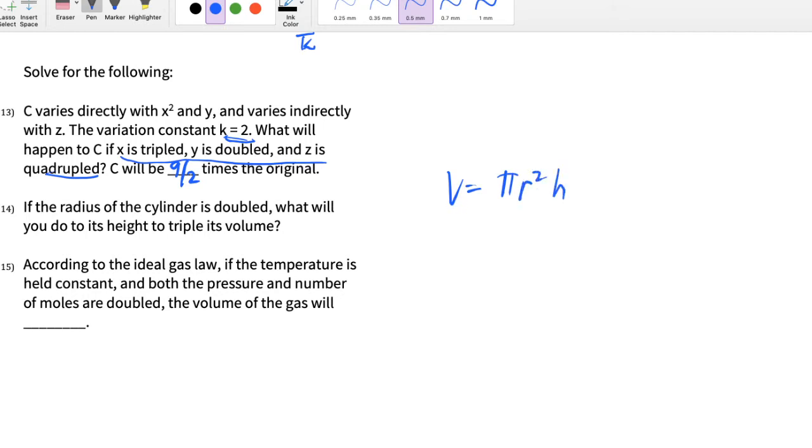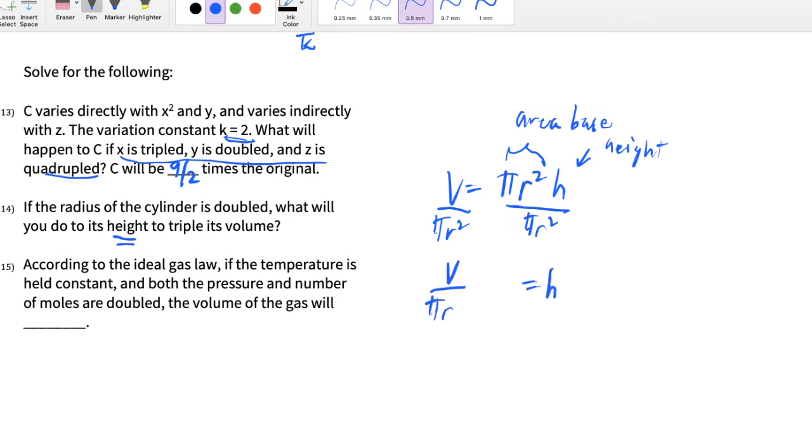Ito yung circle, ito yung area ng circle mo ng base times itong height. Okay? So, concerned tayo sa mangyayari sa height. So, isolate natin yung height. Let's divide both sides by pi r squared, sorry. So, height would be equal to v over pi r squared.